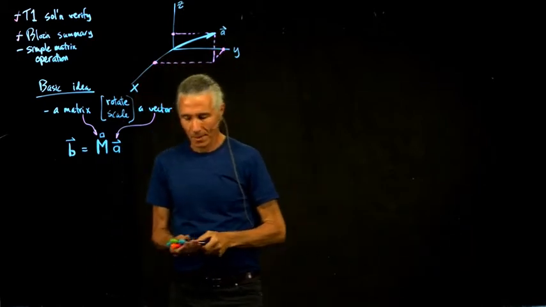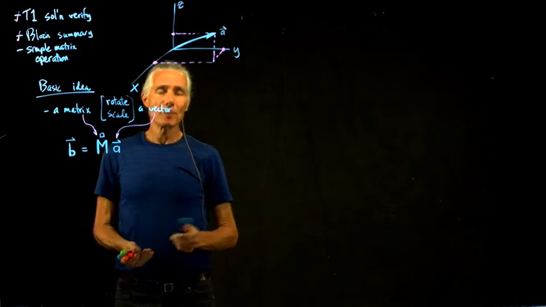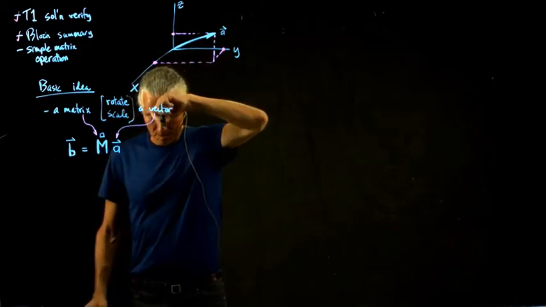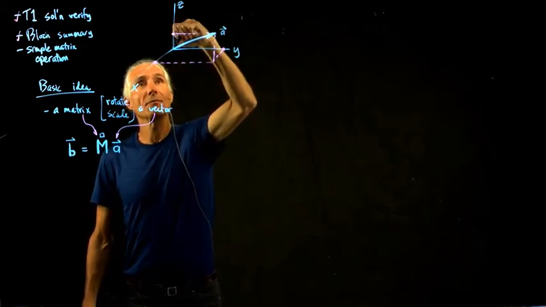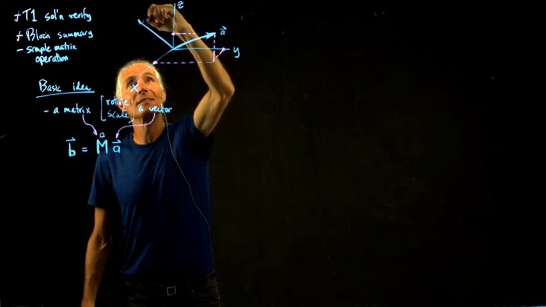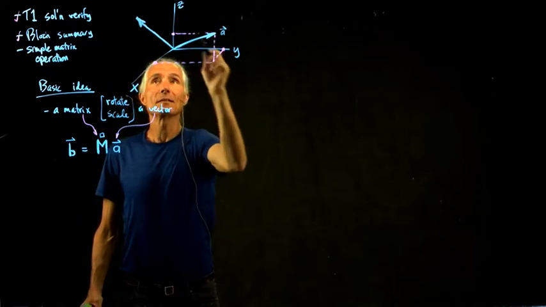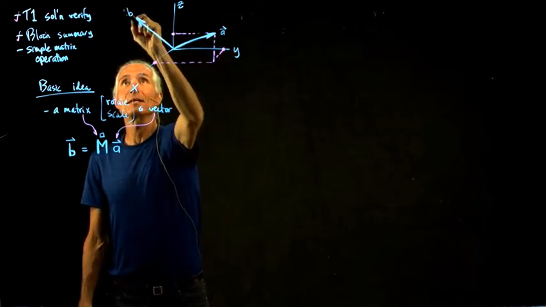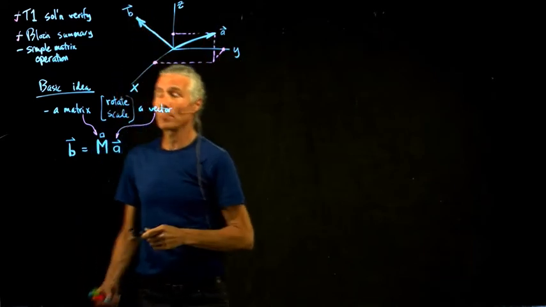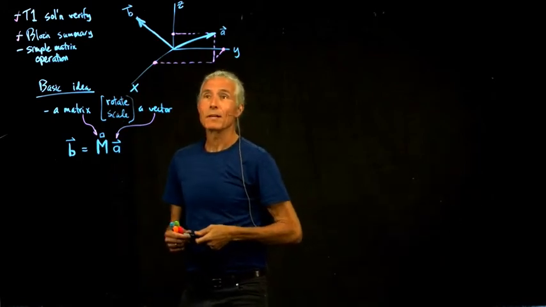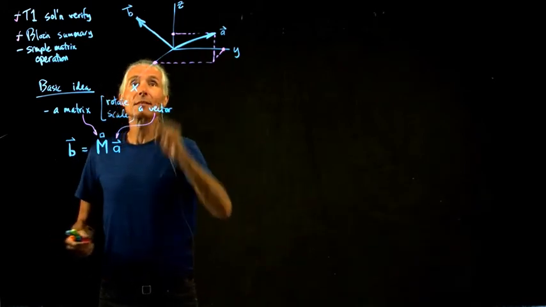Then we have some other arbitrary output vector, so we'll put that over here so that I don't overlap the components. This was A, this was B, which is the output. And we can break that one up into its components.